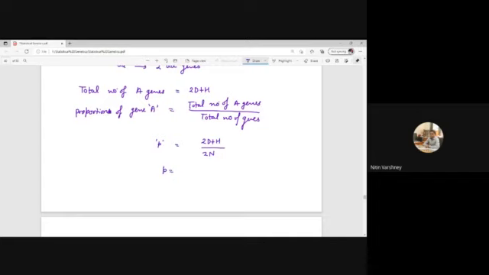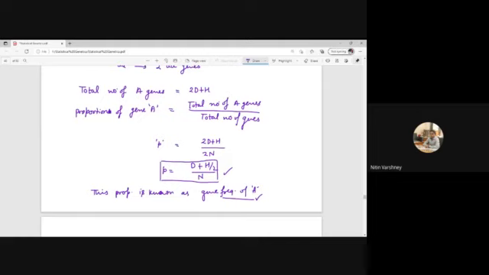So I can write that P, the frequency or proportion of gene A, is D plus H by 2 divided by N. If I divide this by 2, the 2D changes to D plus H by 2 divided by N. So this is my P. Now this proportion is known as the gene frequency of A. Gene frequency of A is P.